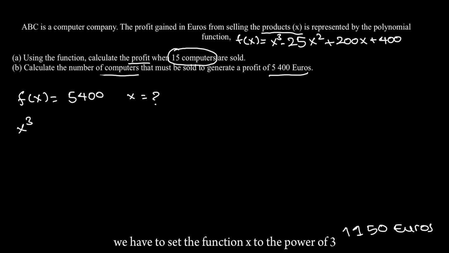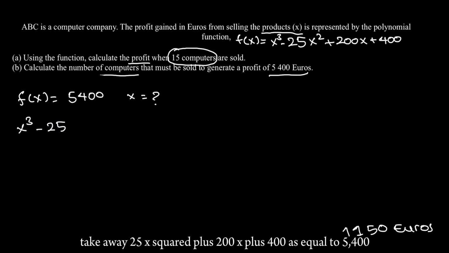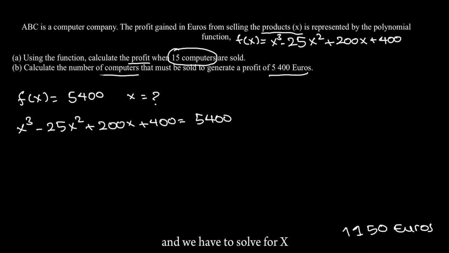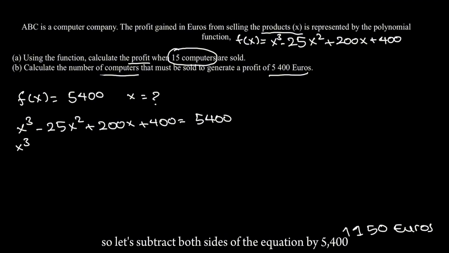We have to set the function x to the power of 3 take away 25x squared plus 200x plus 400 as equal to 5,400. And we have to solve for x. So let's subtract both sides of the equation by 5,400.